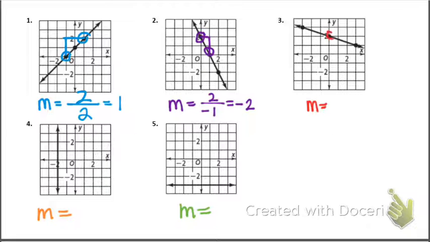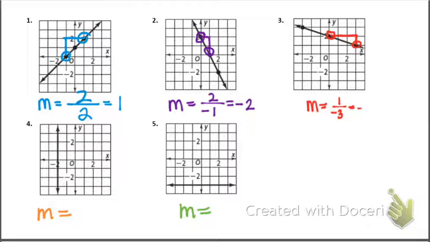Number 3, I'm going to pick these 2 points. And I go from the bottom one, so I'm going to go up 1 space. So my rise is positive 1. And then I'm going to the left 1, 2, 3 spaces, which is negative 3. And then similarly, I don't really like positive 1 over negative 3.